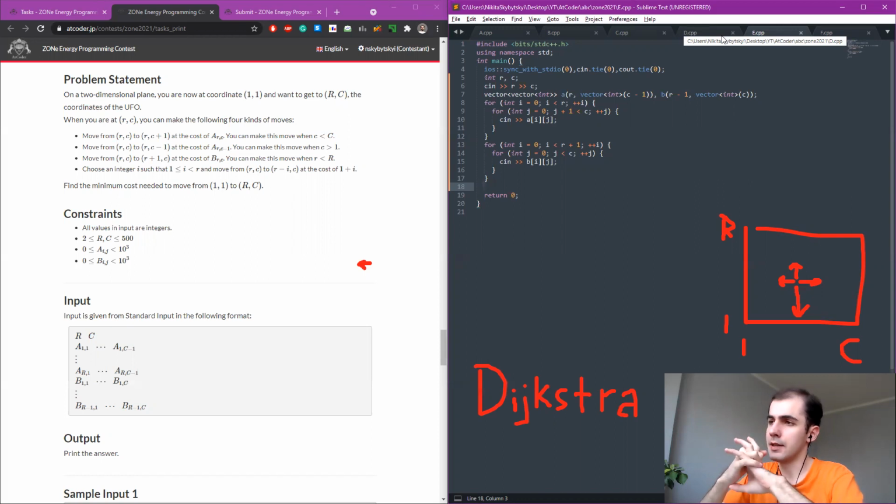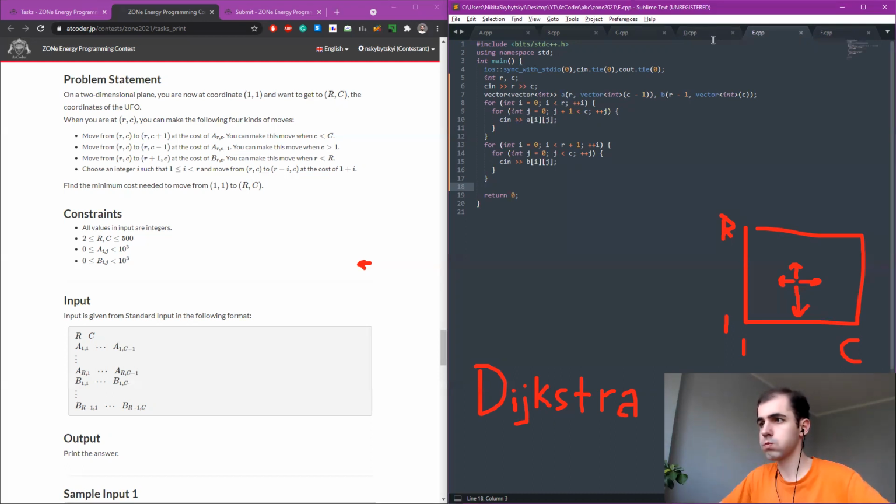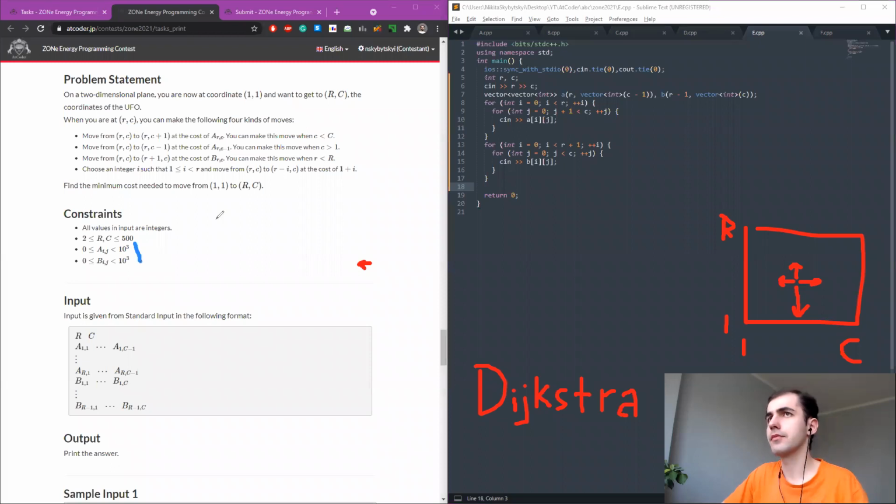The shortest path is at most 1 million, which is of course nowhere near overflowing. So we are fine with this one. These constraints are not there because the problem setter wants us to use them, but because they don't want us to have problems with overflow.